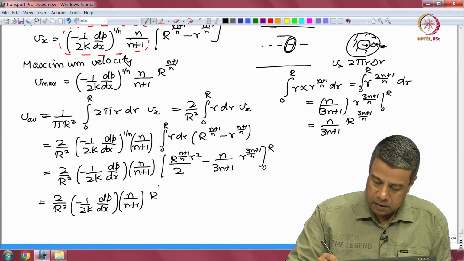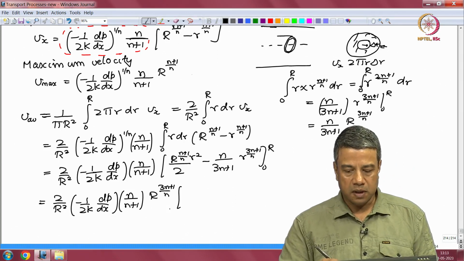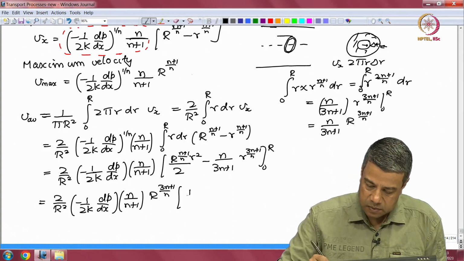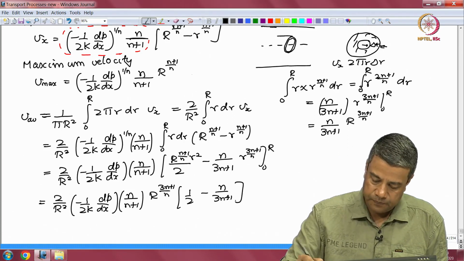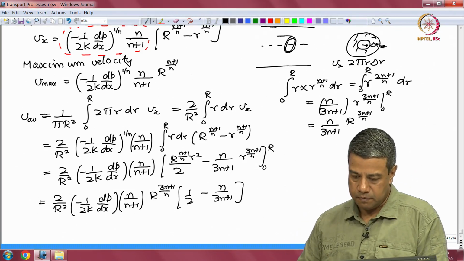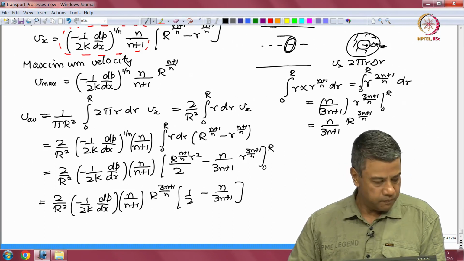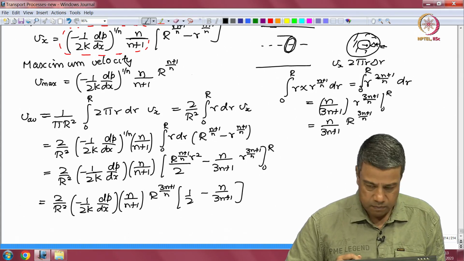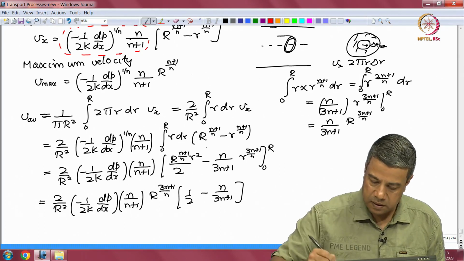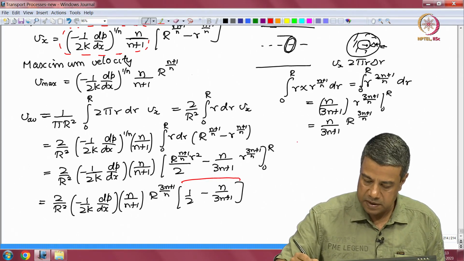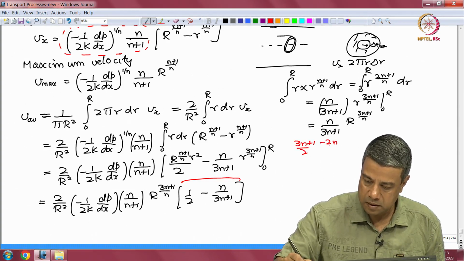Then I have r power 3n plus 1 by n. Common factor. The first one is 1 by 2 minus n by 3n plus 1. And this term here is basically 3n plus 1 by 2 minus 2n.